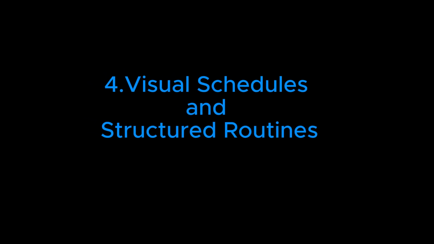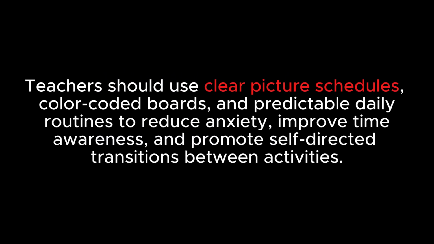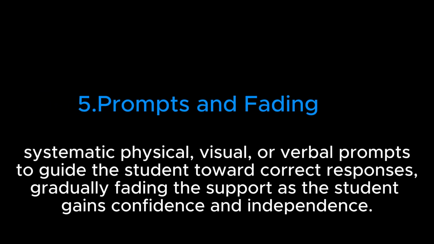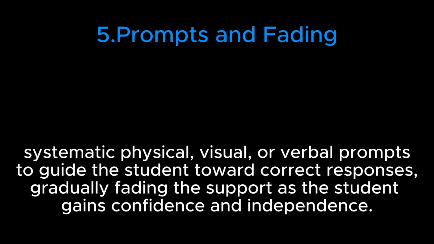Teachers should use clear picture schedules, color-coded boards, and predictable daily routines to reduce anxiety, improve time awareness, and promote self-directed transitions between activities. 5. Prompts and fading. Teachers should apply systematic physical, visual, or verbal prompts to guide the student toward correct responses, gradually fading the support as the student gains confidence and independence.